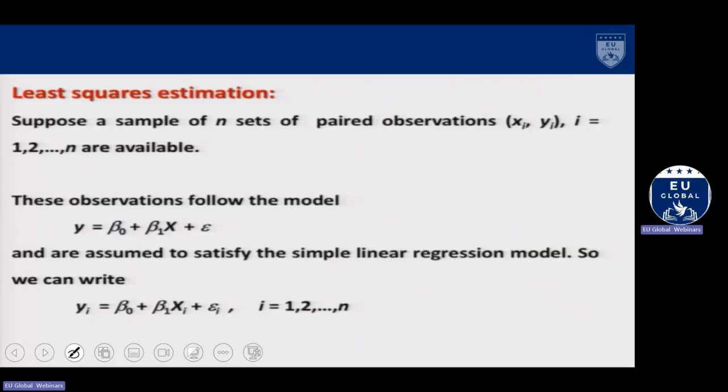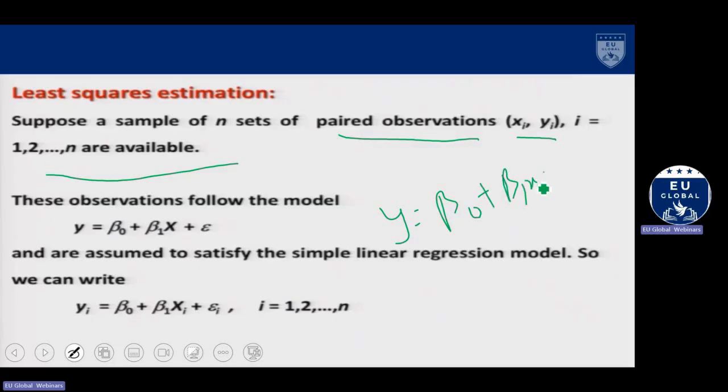It represents that suppose we have n paired observations (xi, yi), i equal to 1 to n, which are available. In this, the equation of y becomes beta naught plus beta 1 x plus epsilon, right? So here the value of yi is equal to beta naught plus beta 1 x plus epsilon.